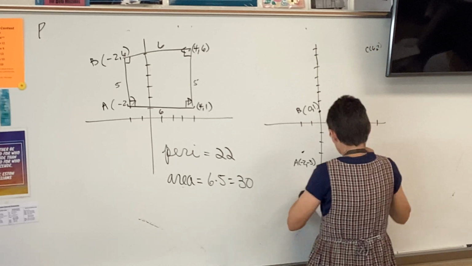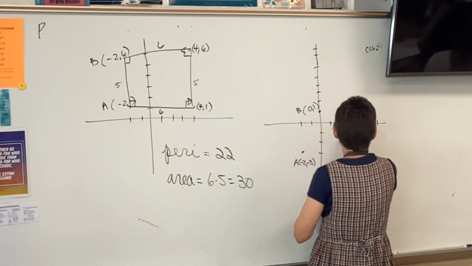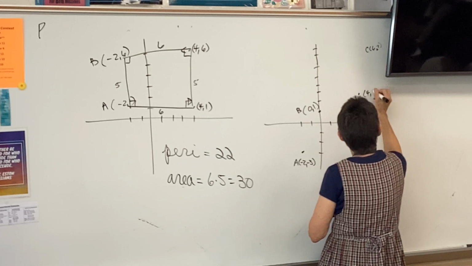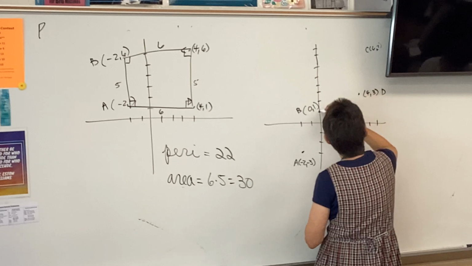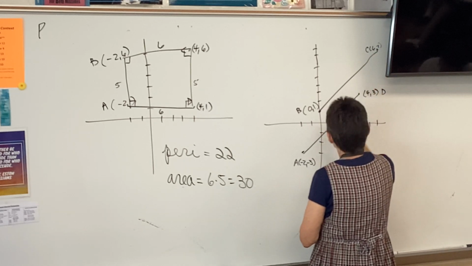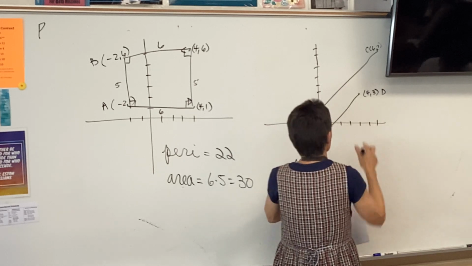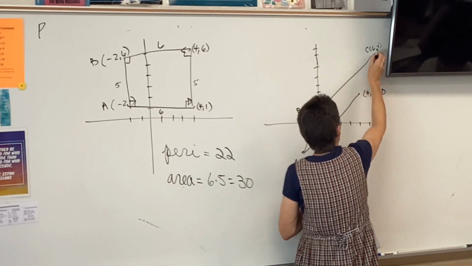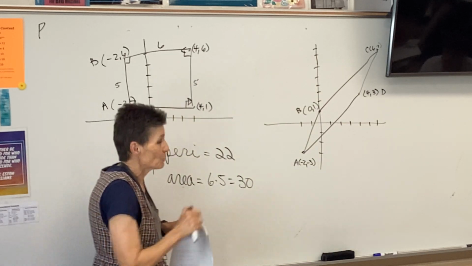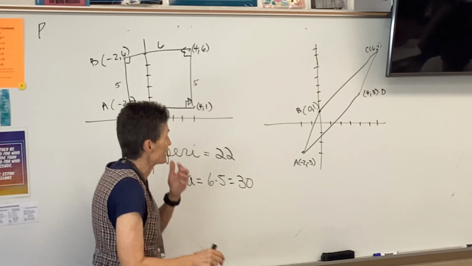Look at C. What's point C? Point C is 6 comma 7. So it ended up behind my board there, but you're plotting it yourself, so you know where that's at.